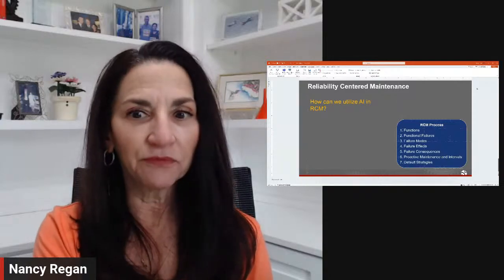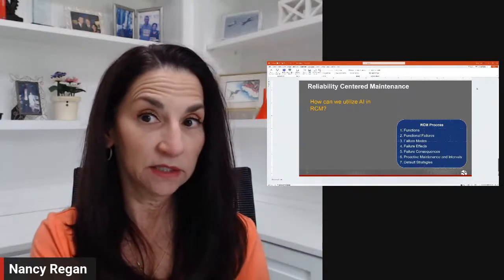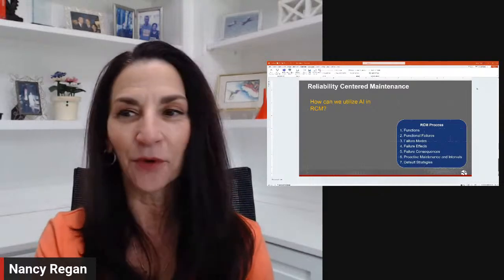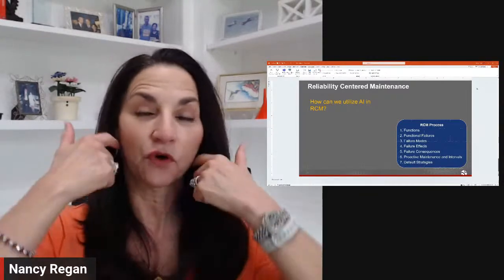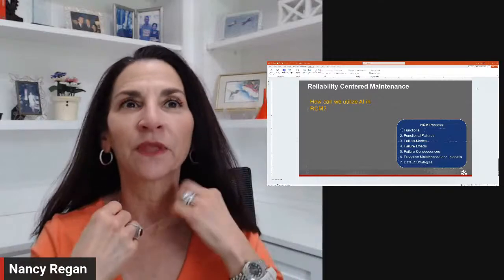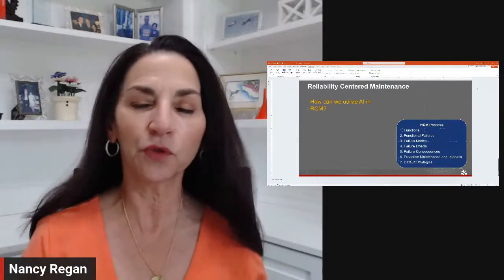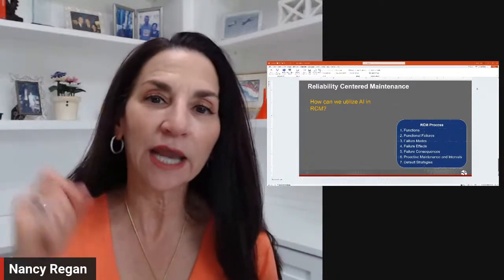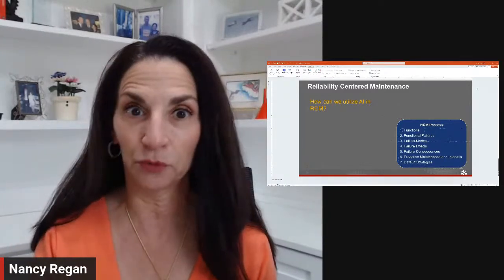So, off the top of my head, one of the ways, and I've not tried it yet, but I want to try it live before I even try it for myself, just because it would be a fun experiment. One of the ways it could possibly help is by brainstorming failure modes.